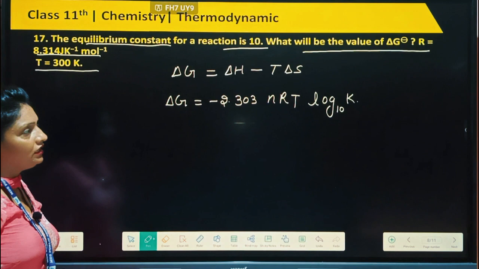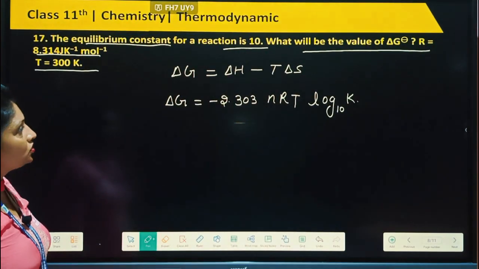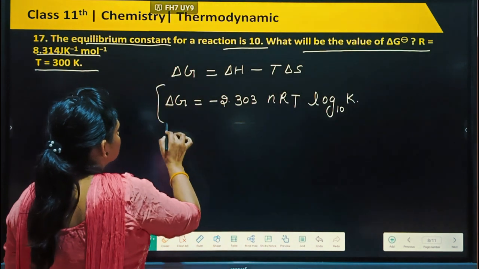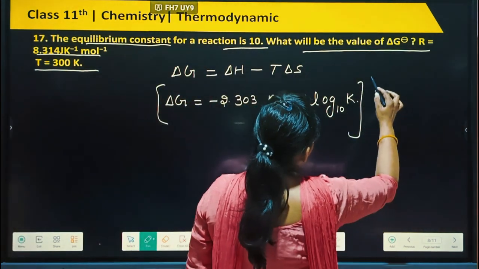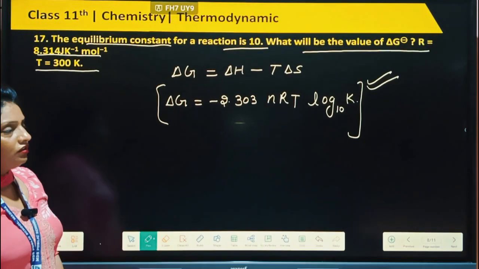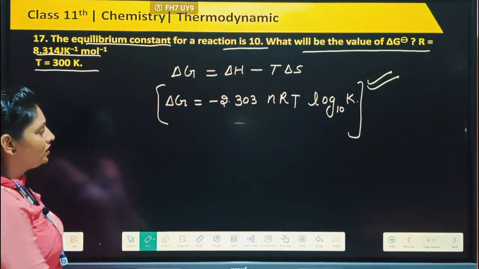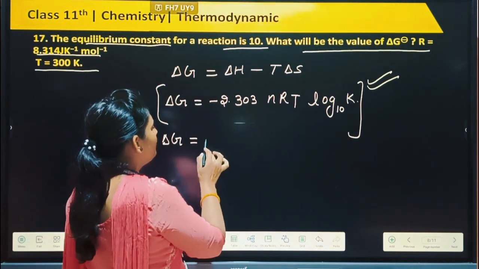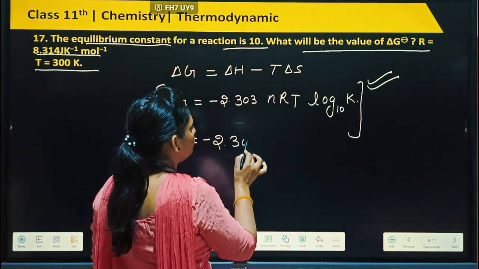Student, now we will see what is given. Here R is given to us, K is given to us, which means we need to use this relationship. So we can calculate del G is equal to minus 2.303.